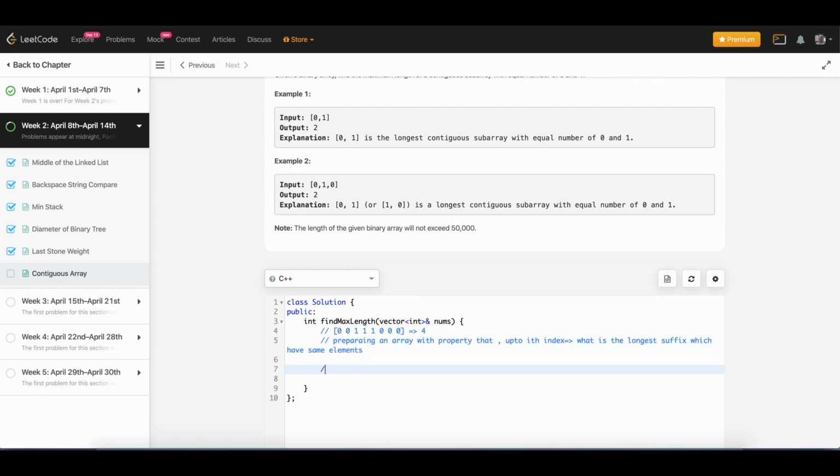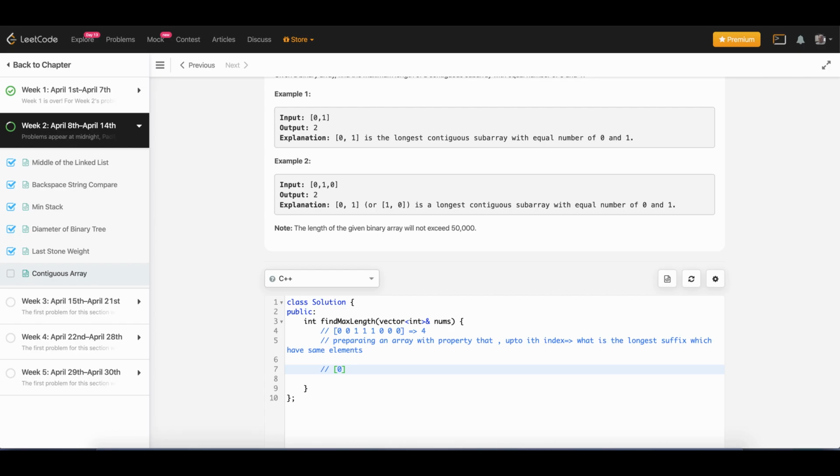So for the above array, if it is 0, then up to this index, what is the longest subarray ending at this position which has the same value.